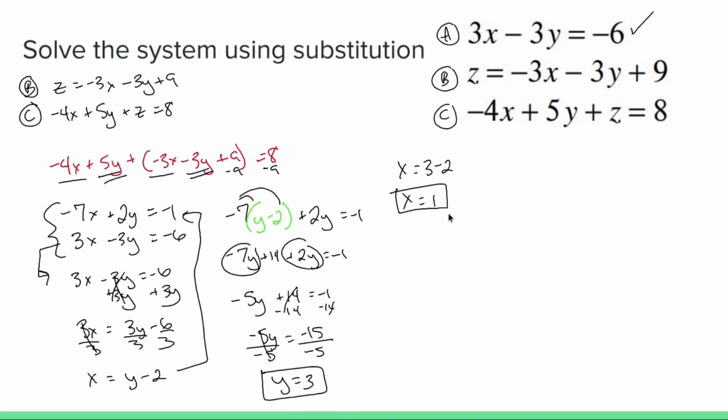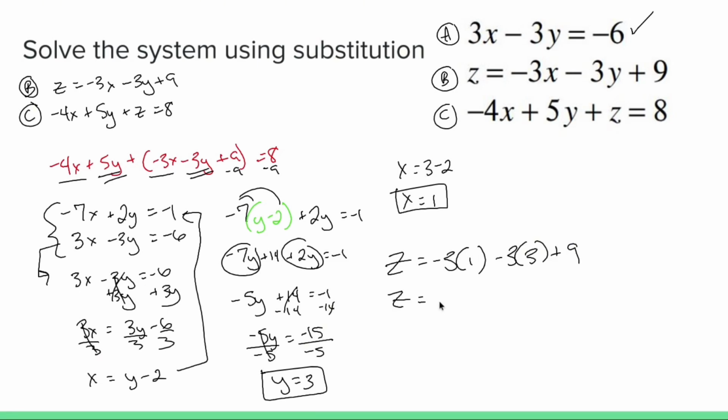So I have my x, I have my y, I need my z, and z just so happens to be equal to negative 3 times x minus 3 times y plus 9. So z is going to equal negative 3 times 1, minus 3 times 3, plus 9.